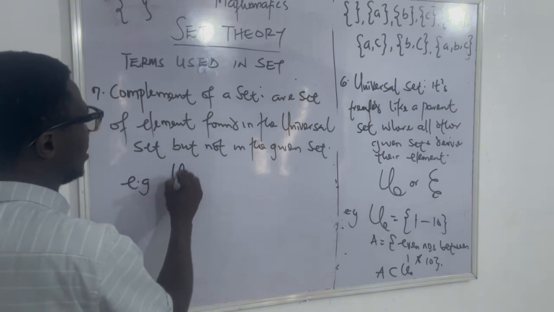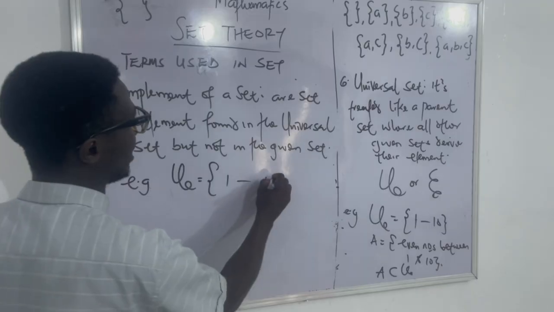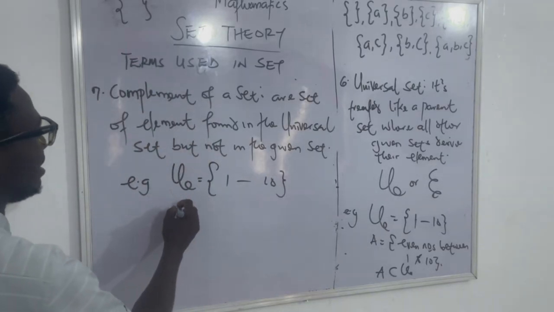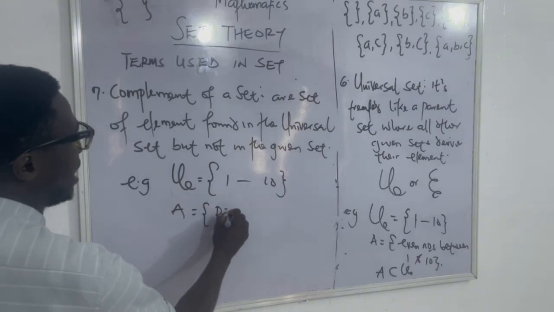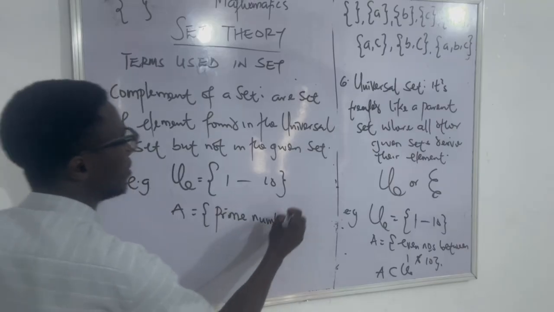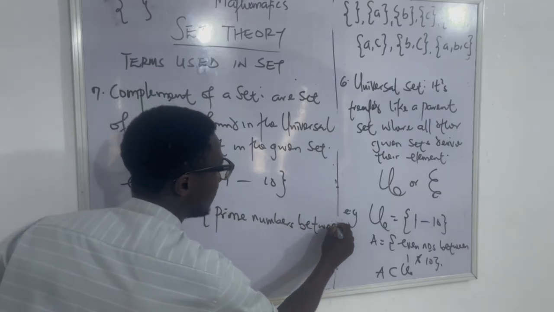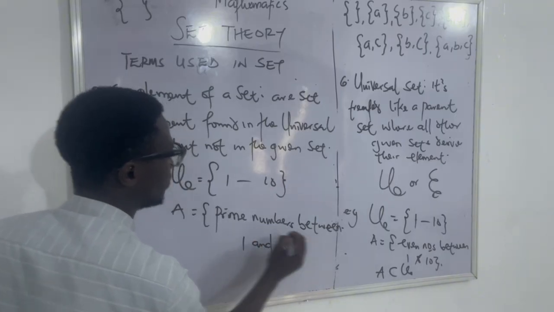Let's say universal set contains what? 1 to 10. We'll still use that. And set A contains what? Prime numbers between 1 and 10.